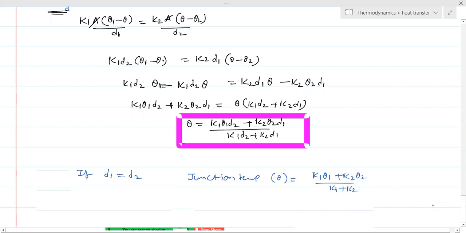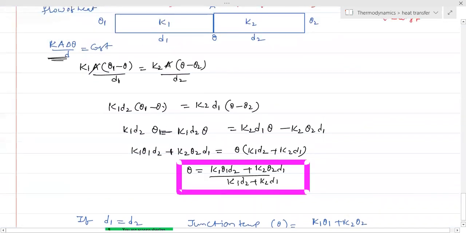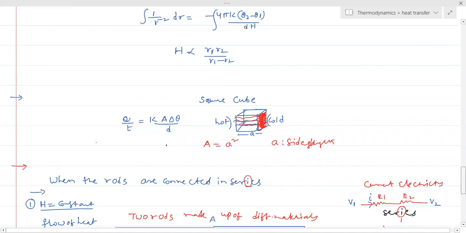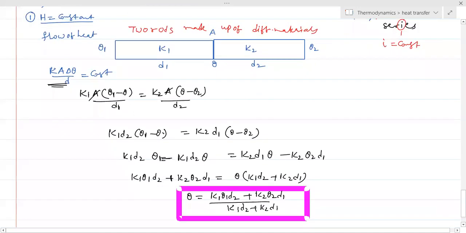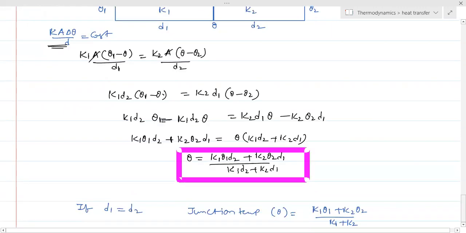In this way, we used to find out the junction temperature if D1 equivalent to D2. Again, I am stressing there is no need to memorize this formula. Only you need to understand that H is constant, that is K into delta theta by D equivalent to constant.